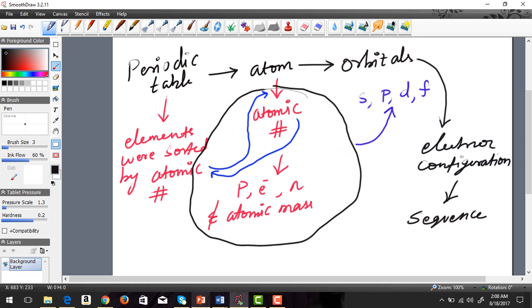Now, if you don't have a concrete understanding of the orbitals themselves, why they are important, and what the orbitals contain, protons, electrons, or neutrons, then this concept is tied in here, and all of this knowledge is tied back here, and this is tied back to this. You see how complex chemistry is?